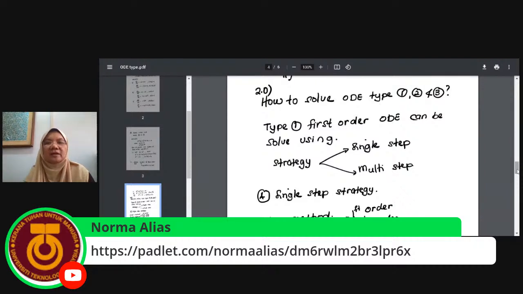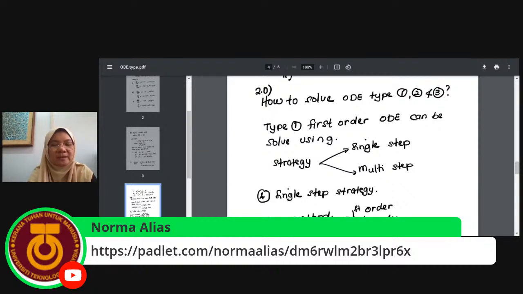Since we have a first order derivative, and then a set of ODEs, the question here is how to solve this problem.